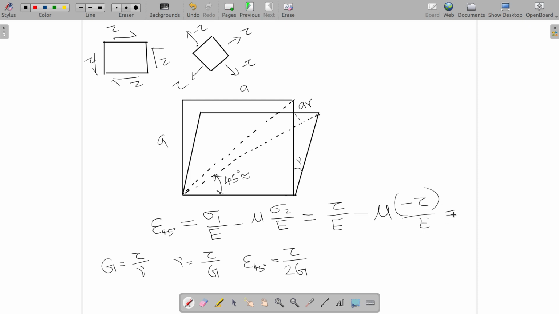So what do you get? Tau by E into 1 plus mu. So epsilon 45 degree is equal to tau by E into 1 plus mu, which is also equal to tau by 2G.